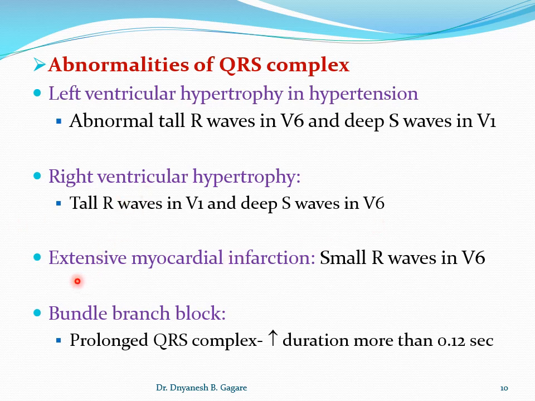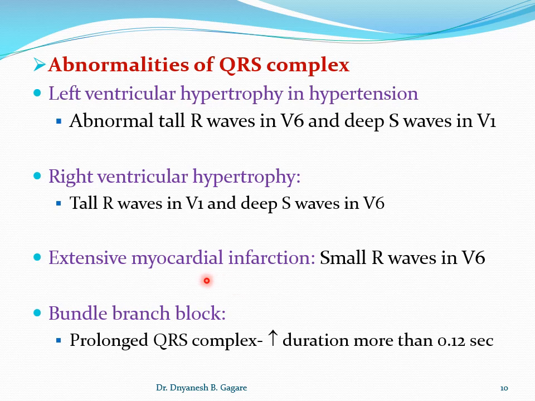Then next, in extensive myocardial infarction, there is a small R wave in V6. You know what a myocardial infarction is in the applied part; we will come to it again. Myocardial infarction develops due to ischemia. That means less blood is supplied to some part of the heart or ventricle.